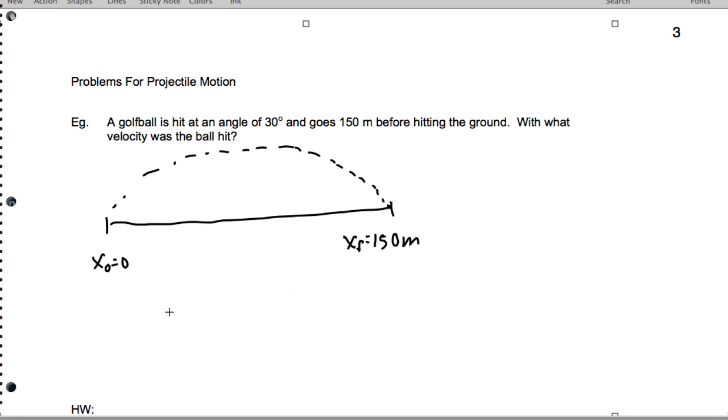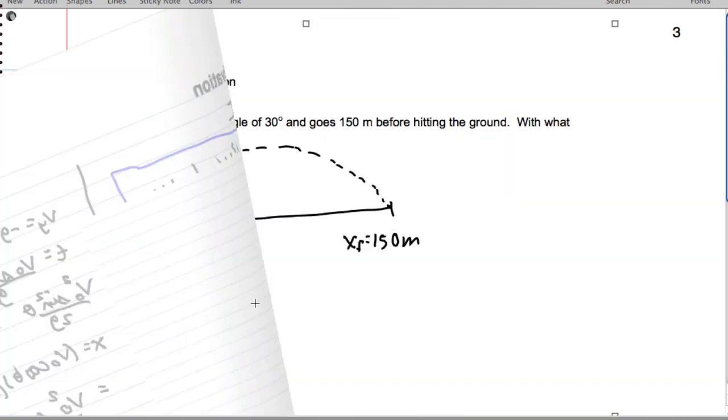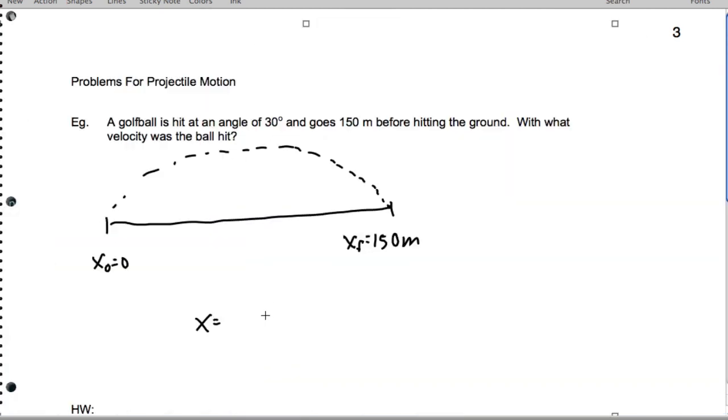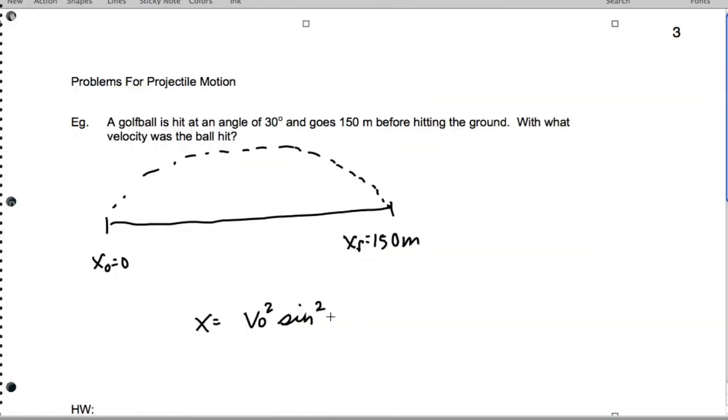When we do that, using the formula for the range, I'm going to say that x equals V naught squared sine of 2 times theta divided by g. Let's double check. And our goal is to isolate V naught.